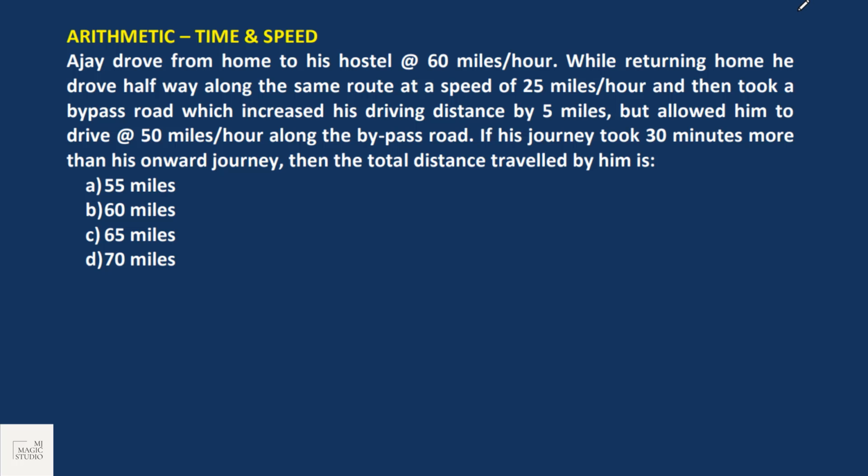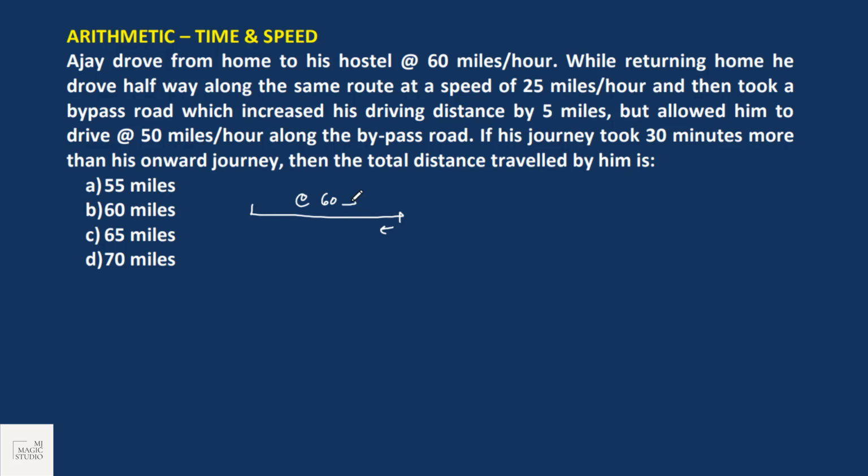Okay, next one from arithmetic, time and speed. Give it a try. Let's see what we have. Ajay drove from home to his hostel at the rate of 60 miles per hour. While returning home, he drove halfway along the same route, onward journey 60 miles per hour.